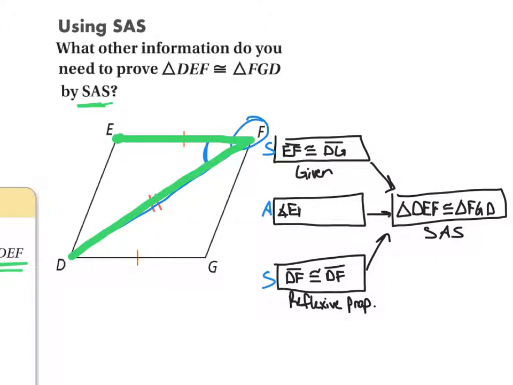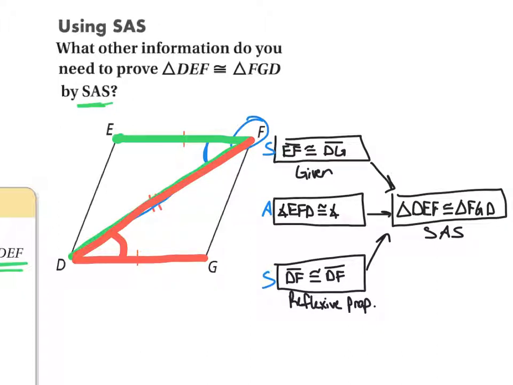Angle EFD needs to be congruent to what other angle? Well, you might already see it here. We have line segment FD and line segment GD. So again, D is then that included angle. And that's the one we would need to have congruent.